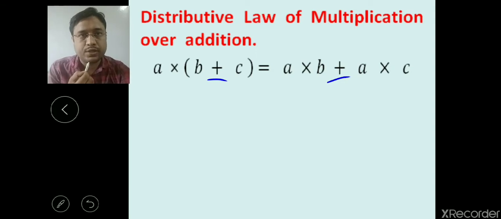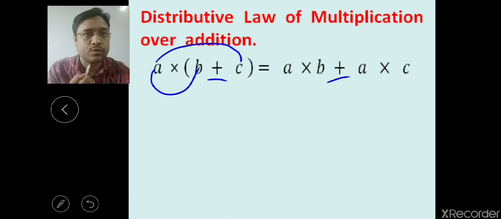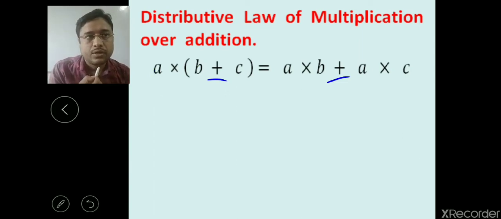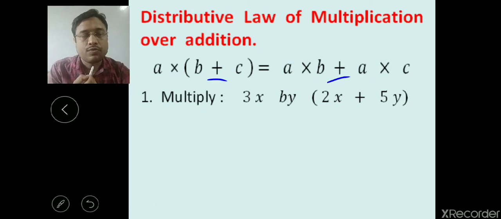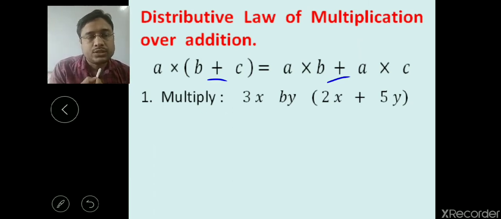So a into b, you will write a into b, and then you will multiply a with c also. So this way you can give the result ab plus ac. Now, for example, we can multiply this question. The algebraic expressions given are 3x multiplied by 2x plus 5y.